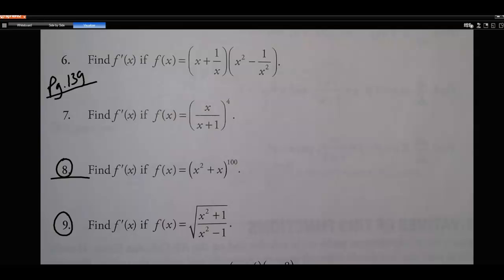Now what 8 and 9 have in common is the fact that they are both chain rules. And what I mean by that is they have an inside function and they have an outside function. Okay? Now, there's a couple of ways that you could do this.